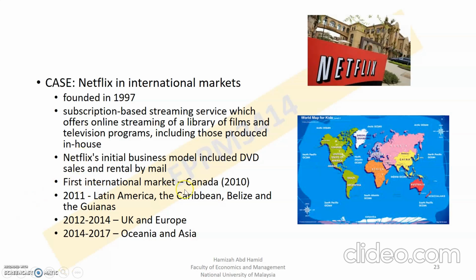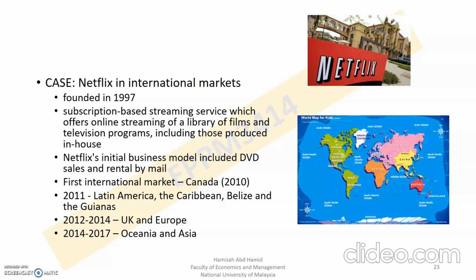The first international market that Netflix went into was Canada. So you can see here, after more than 10 years of operation, only then did they venture into Canada. So there's a lot of learning here, learning of internal strengths and weaknesses while operating this business, before going forward to an international market.